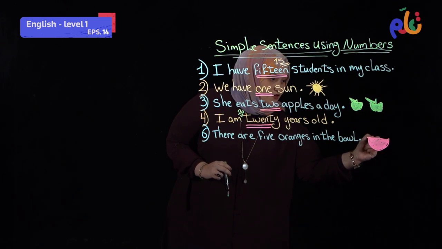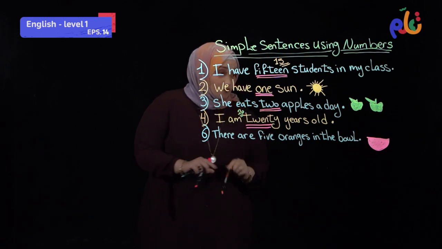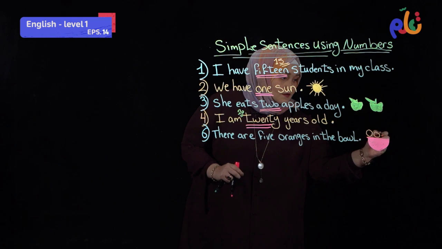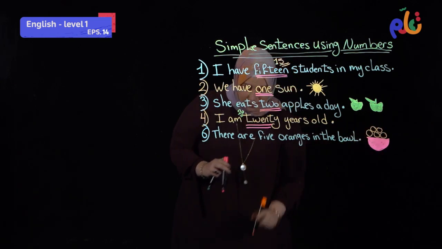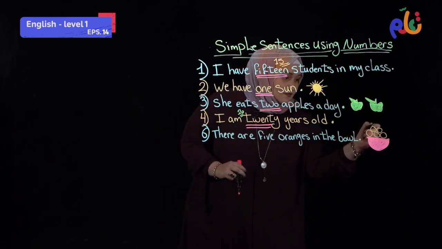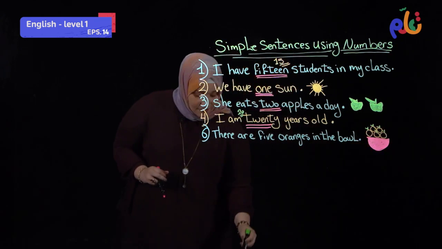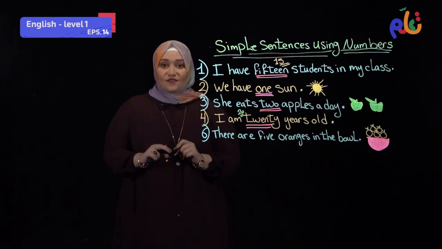Okay, and then how many oranges did we see in the bowl? Perfect. We saw five oranges in the bowl. There you go. And I'm gonna try to make a little leaf on top of the orange. So we see five oranges in the bowl.